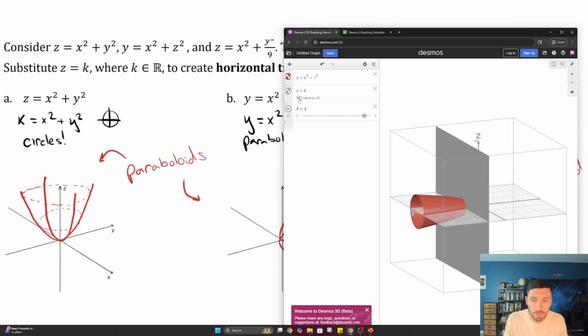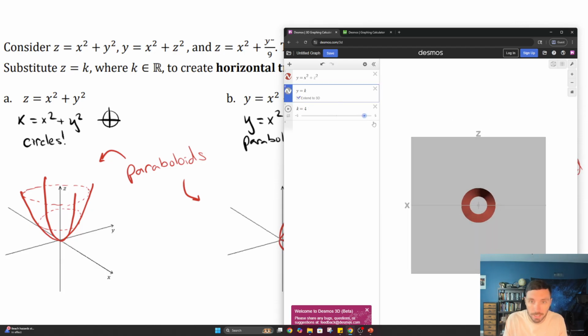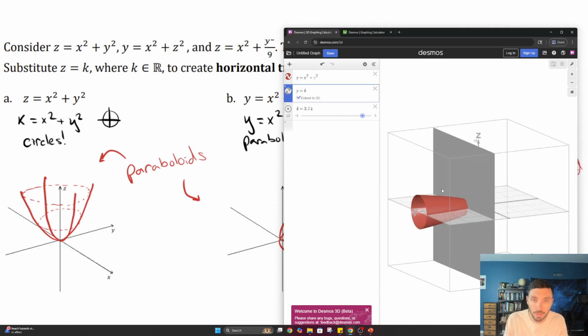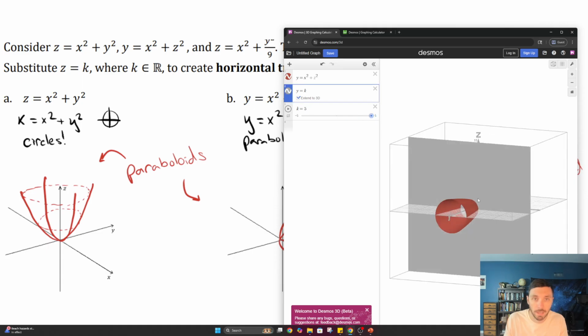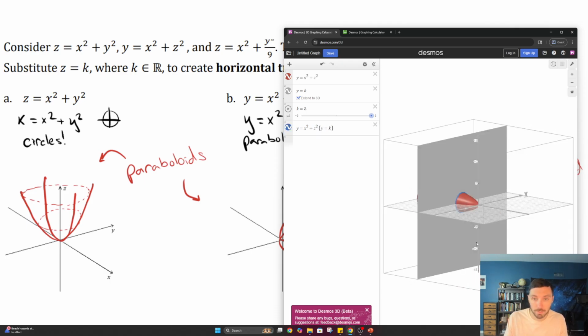And then looking at those intersections, those are all circles along the y pole, right? Those are all circles, and I can even show that by doing this again. y is equal to k, right? Those are all circles along the y pole.